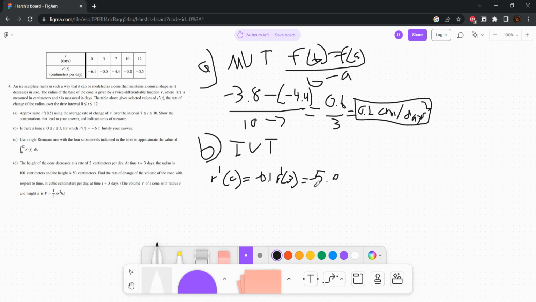And since that is true, IVT proves that in between 0 and 3, negative 6 is possible. So this is yes, and I justified my reasoning.